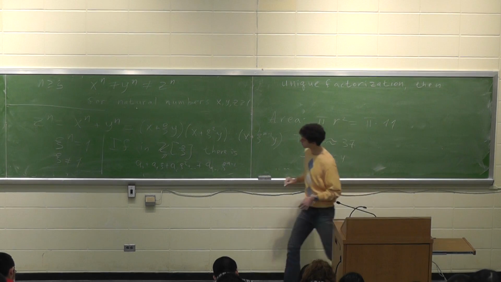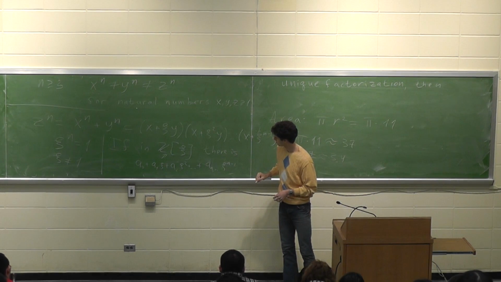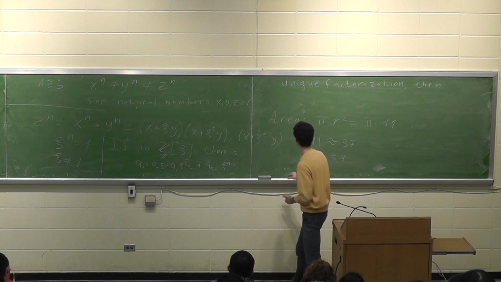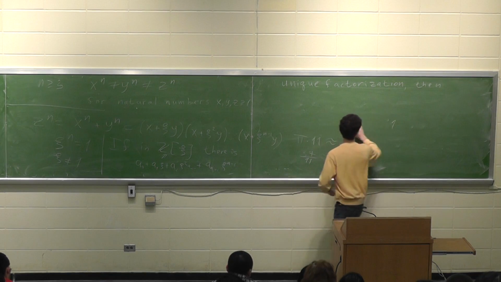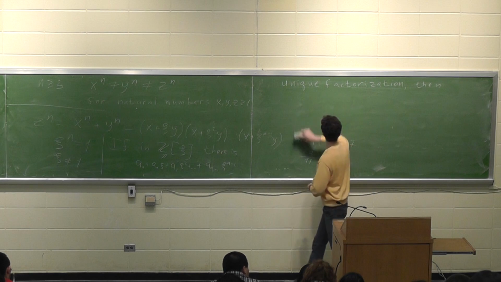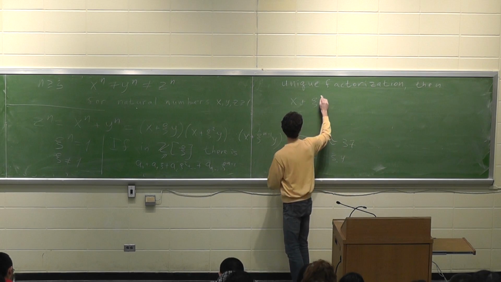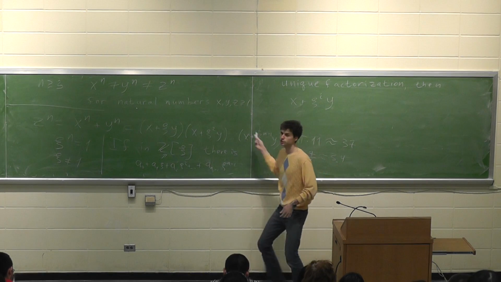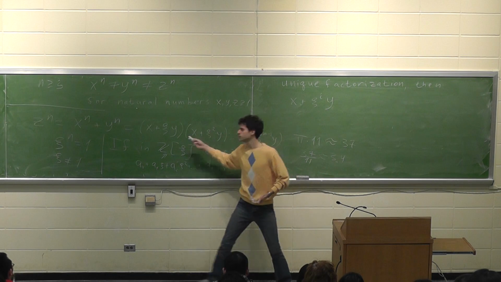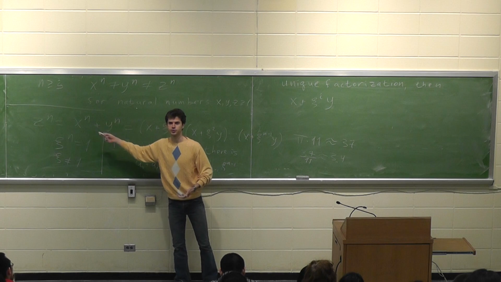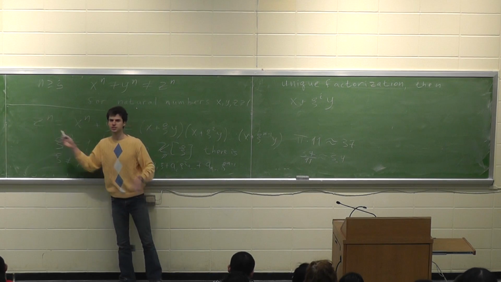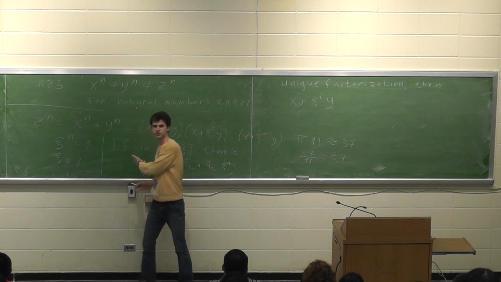Then basically each one of the factors x plus psi to the power i times y must be an nth power of something. Let's factor each of these numbers as a product of primes in this ring.